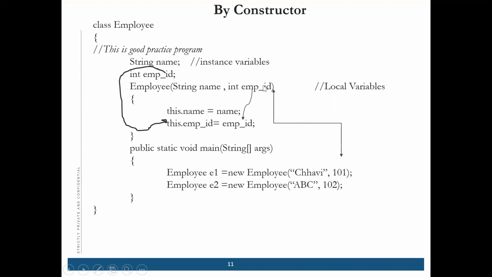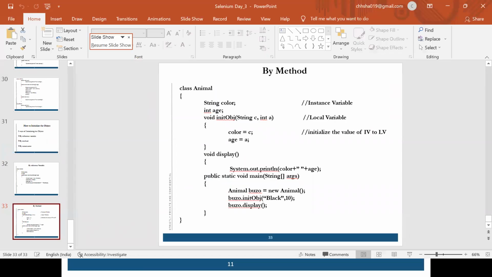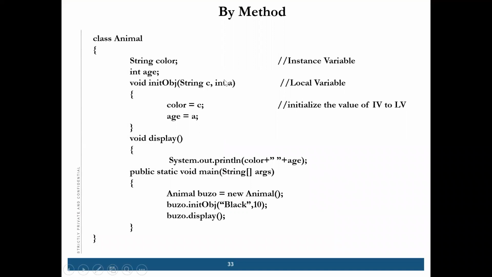So it goes here, and from here it goes to this instance variable. Don't get confused here. We will learn all these things again and again, so don't worry about that. What I'm telling you is we are passing the value to the local variables.